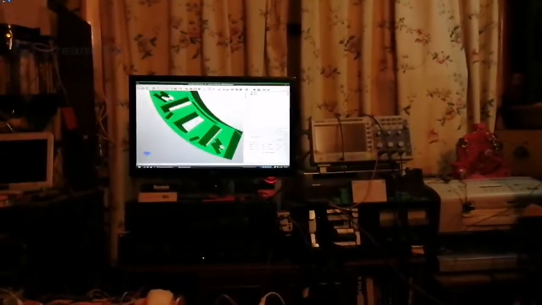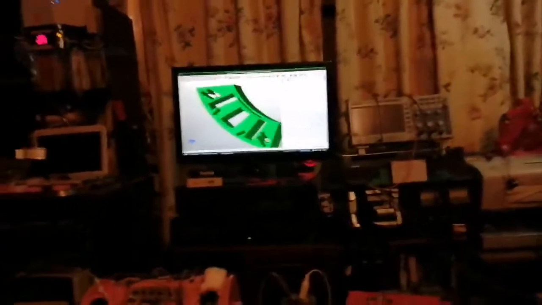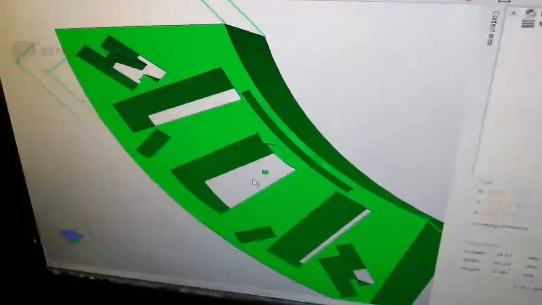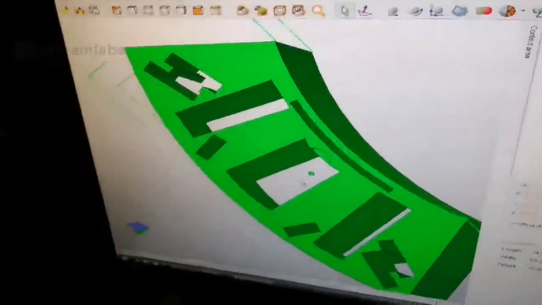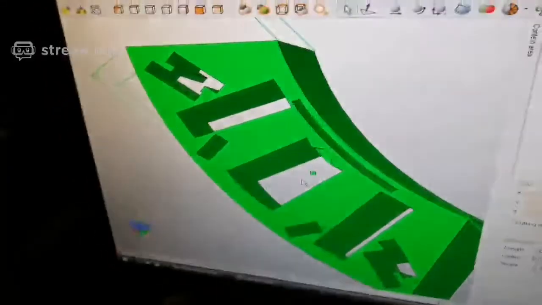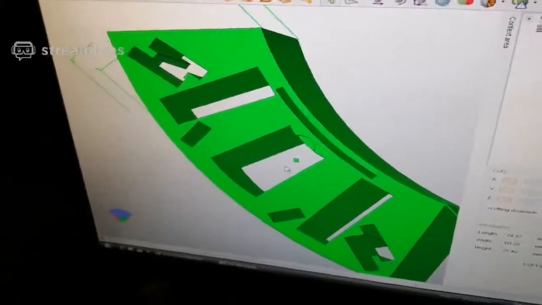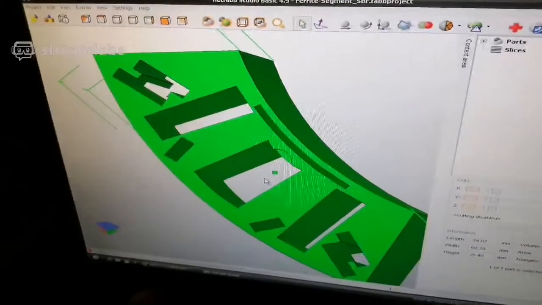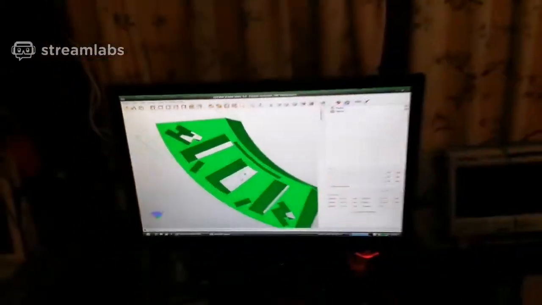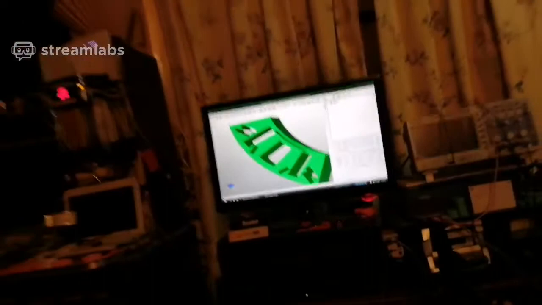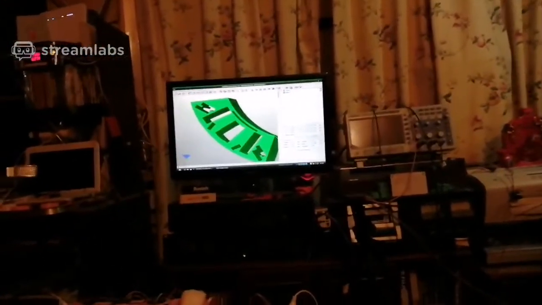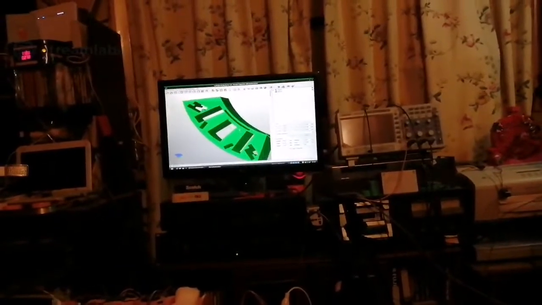I put a slot in the back, so I can put a little bit of material in. That little slot at the back is where I can put material in if I need to try and create a transitional point to reduce drag. I haven't printed it yet because I'm still thinking about whether or not to make the slot go all the way to the other side and all that stuff. I just need to sleep on it.